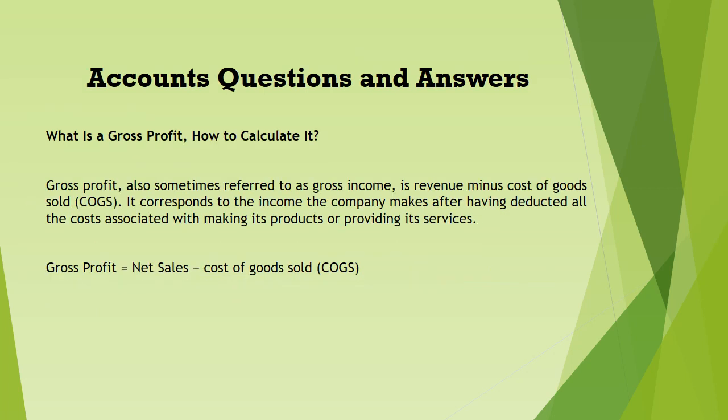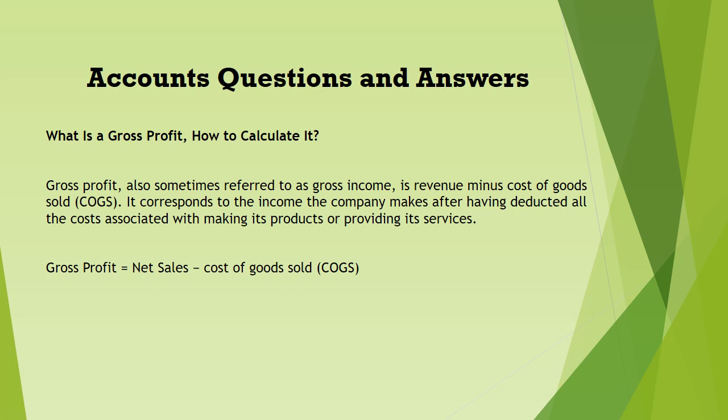You can see what gross profit is and how to calculate it. Gross profit is also referred to as gross income, and is revenue minus cost of goods sold. It corresponds to the income the company makes after deducting all the costs associated with making the product or providing the service.